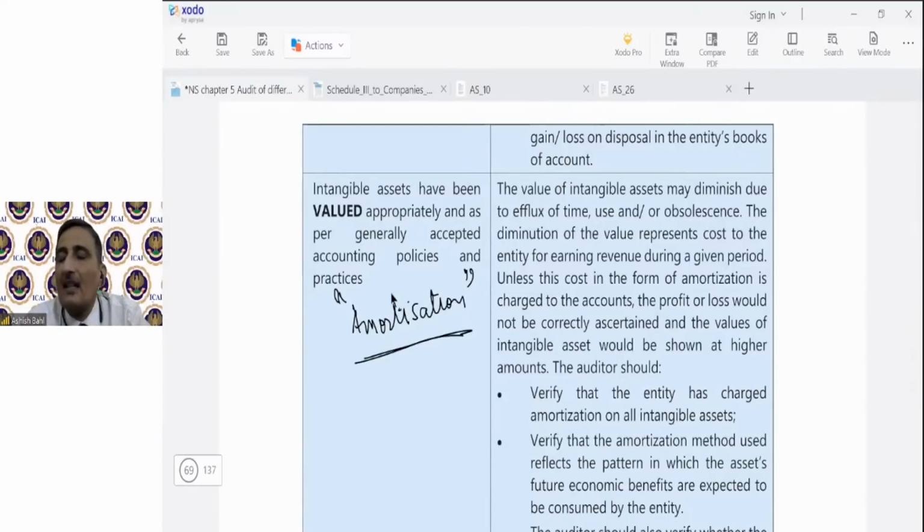Amortization is the decrease in the value of an intangible asset due to passage of time, due to use, due to obsolescence.